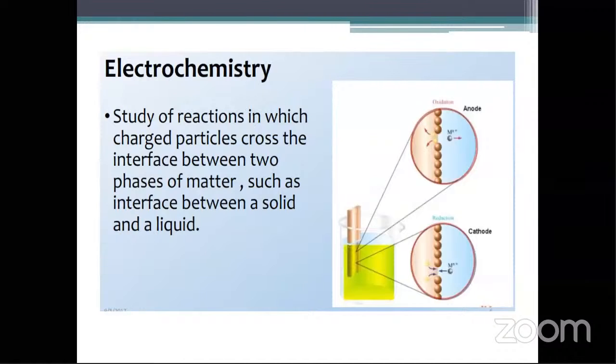These three chapters, emulsion, suspension, and colloid, you have to study in the fourth semester. Through this theory, we can describe their stability.